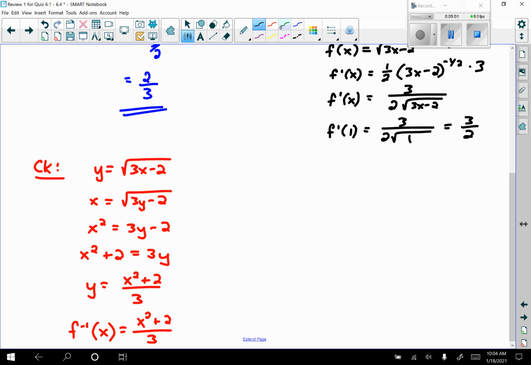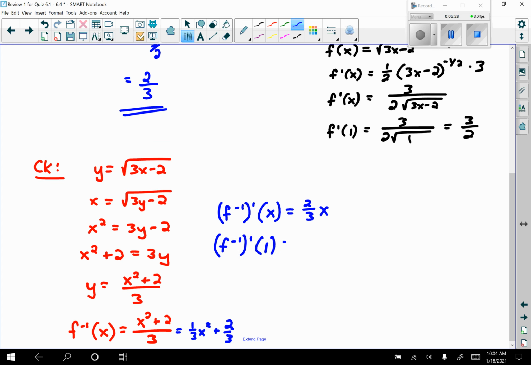So now when I go to find the derivative of this, again, I could rewrite this as 1/3 x squared plus 2/3. And then the derivative of this just becomes 2/3 x. And then when x is 1, I get 2/3 times 1, which is also 2/3.